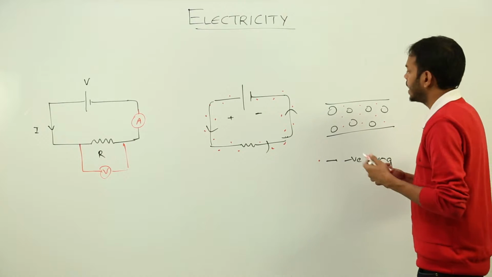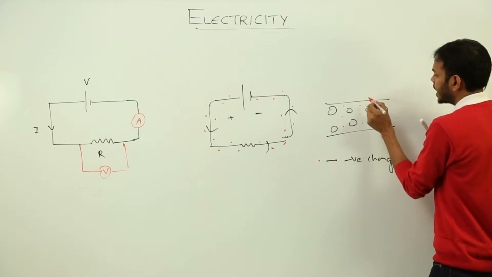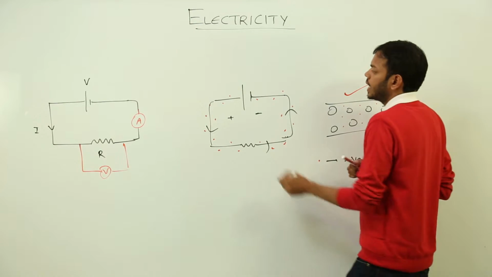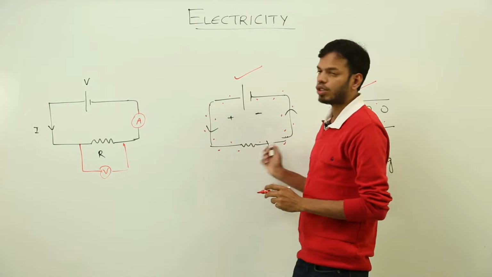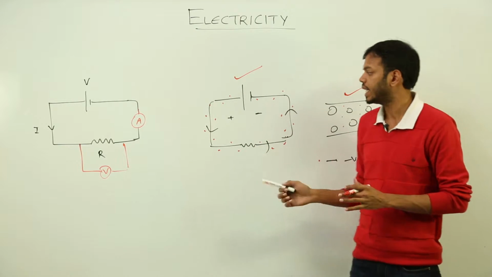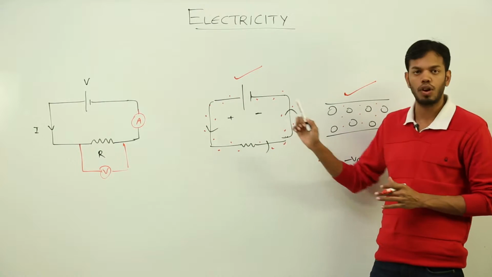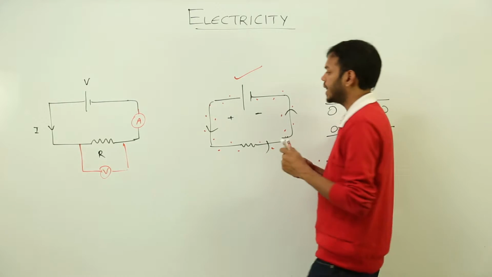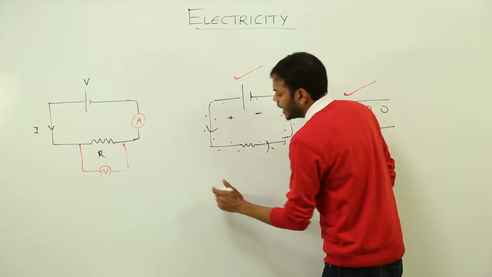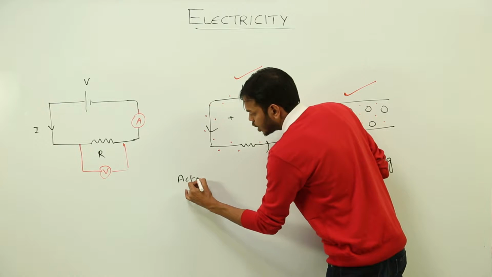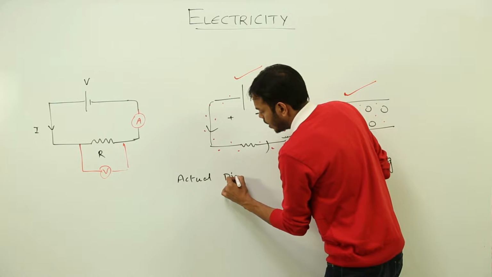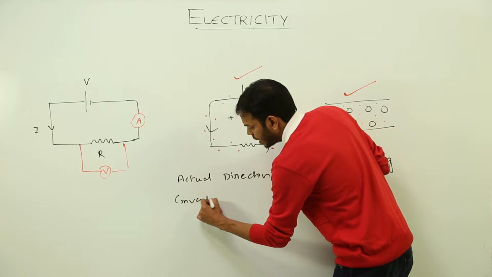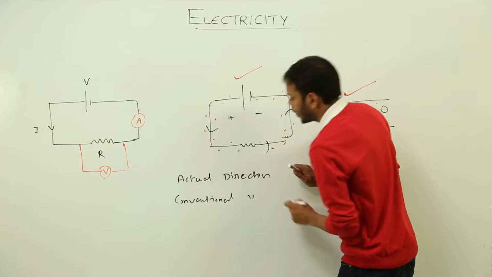I'll explain. The right thing is, the current is due to flow of electrons. That is right. This diagram is also right, but the direction of flow of current from positive to negative is the only thing wrong here: we do not take the actual direction of flow of current. We always take the conventional direction of flow of current.